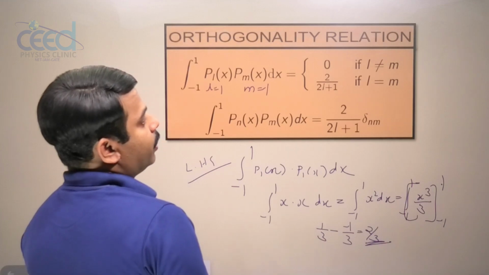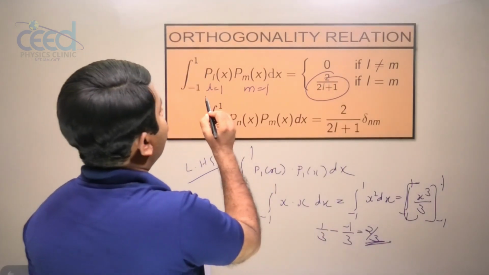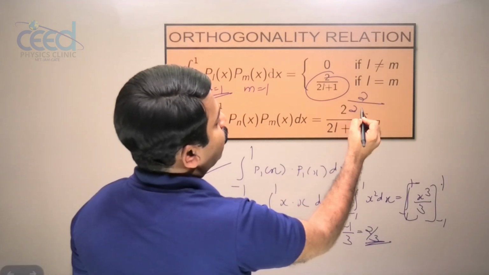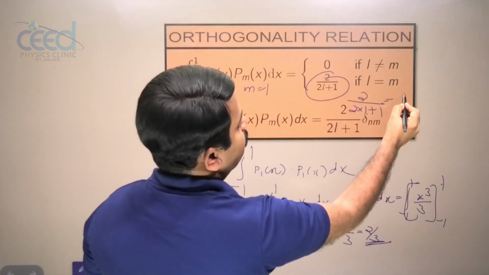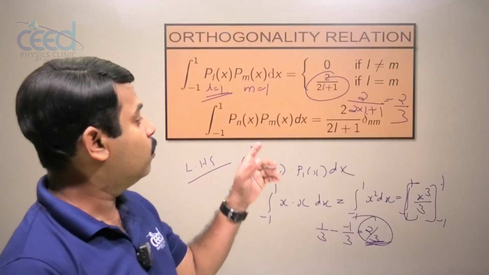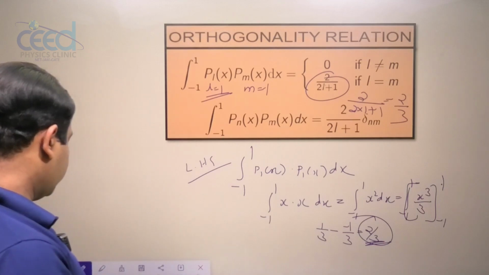Now suppose you put the L value as 1 only, then 2 by 2L plus 1 is 2 by 3, the same 2 by 3 we are getting. So this orthogonality relation is working out.